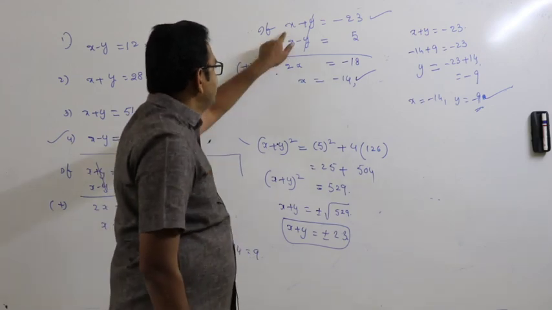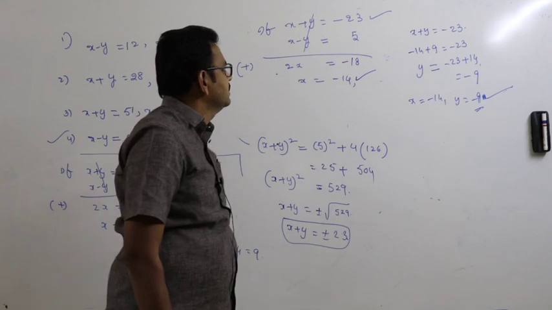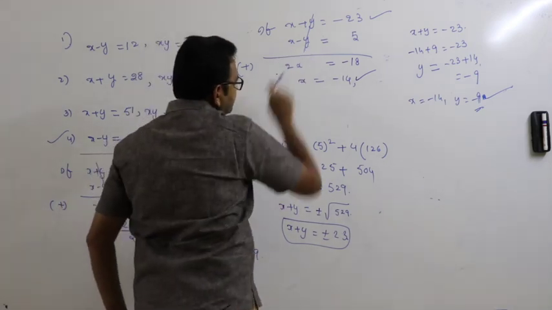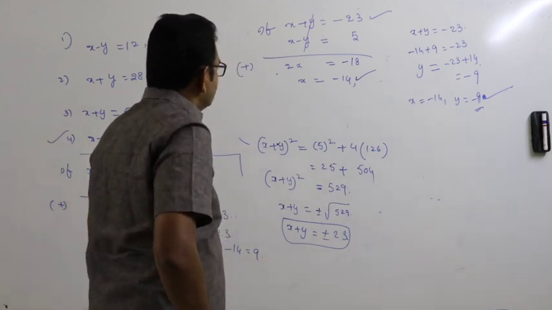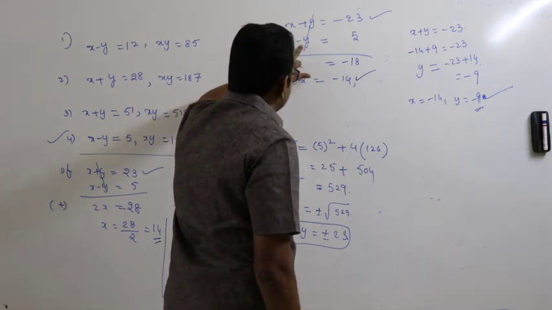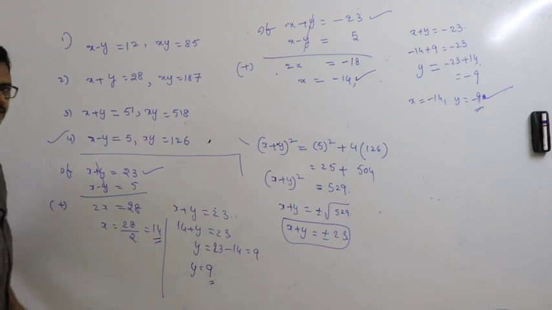So x plus y means minus 14 minus 9, which is minus 23. And x minus y is minus 14 minus of minus 9, which is 5. So in both cases it is the answer.